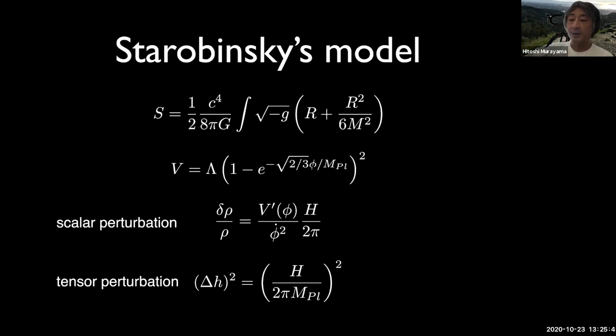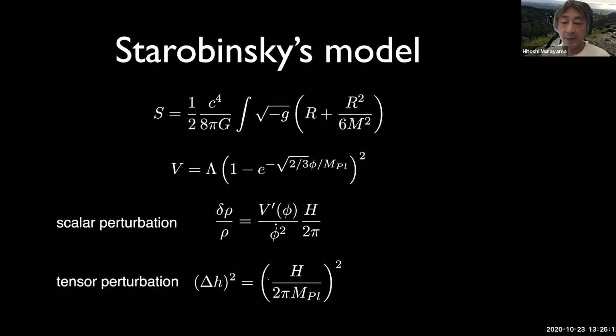But as phi starts to roll down the potential towards the origin, at the origin this is 0, the exponential is 1, that cancels 1. So the minimum is really at 0 energy density. So it has a nearly flat potential when phi is large, which is exponentially suppressed, but eventually comes close to the origin where you have basically a parabolic potential. That's the prototypical example of a potential people use for the purpose of inflation.